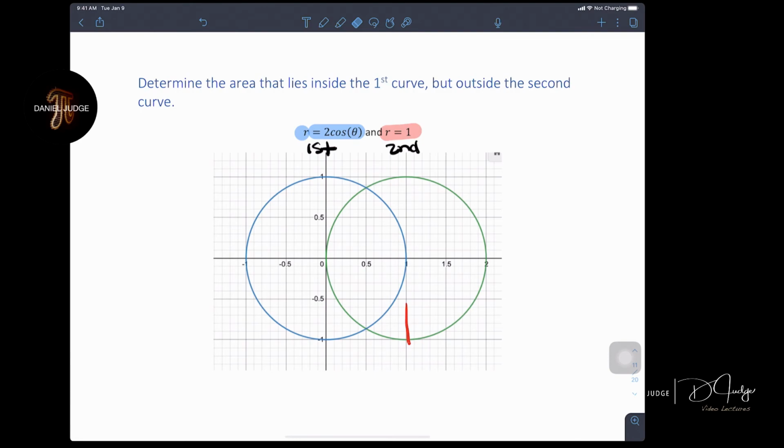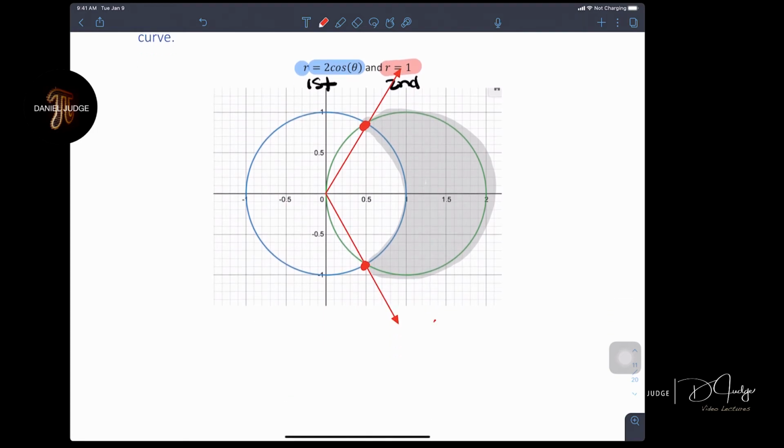All right. So we're going to need these points of intersection here. Okay, so there are going to be two angles here.